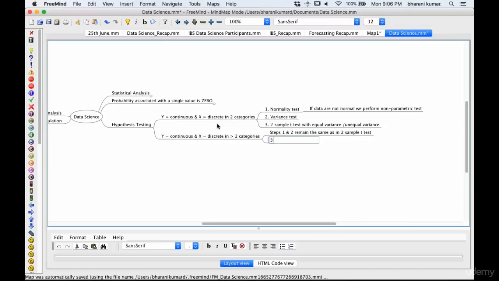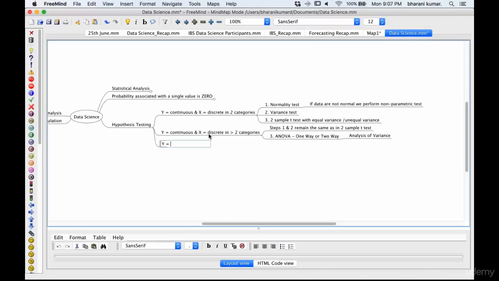However, when it comes to the third test, we perform ANOVA, analysis of variance, one-way or two-way or multi-way. And ANOVA stands for analysis of variance.